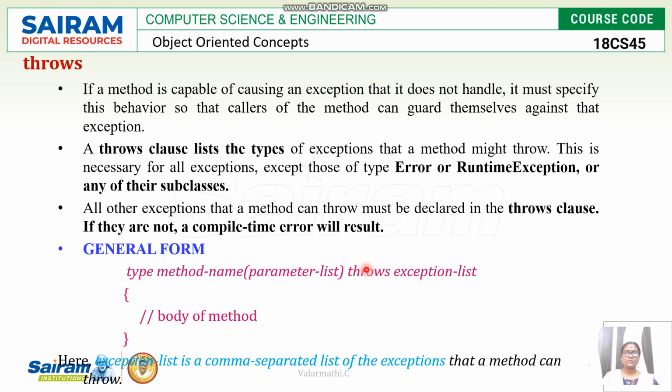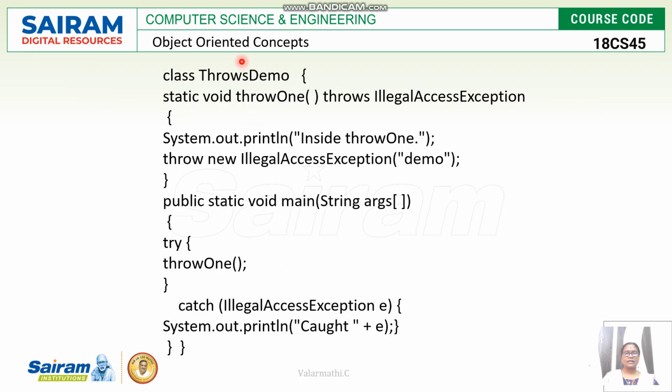Like that, I can use the throw keyword in a plural way as throws. This is the general form of throws: type, method name, parameter list is given. For that method, if any exception list is there, it is followed by the word throws. Then the body of the method is written.